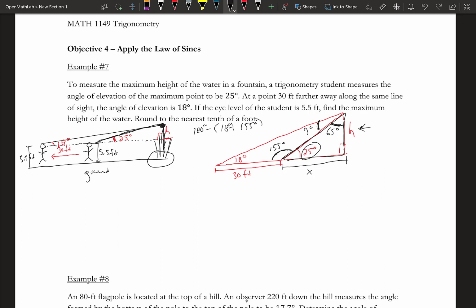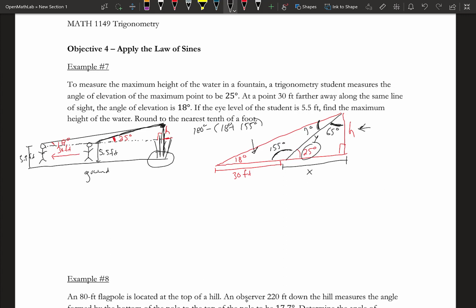The easiest thing to do would be to find this side here, and we'll call that, let's say, y. To find y, I need to use the law of sines with this other triangle, the obtuse triangle, not the right triangle.